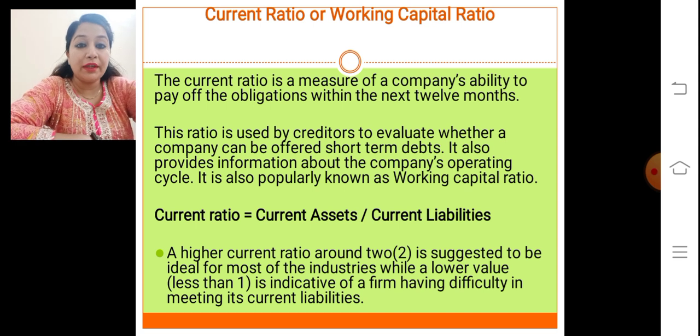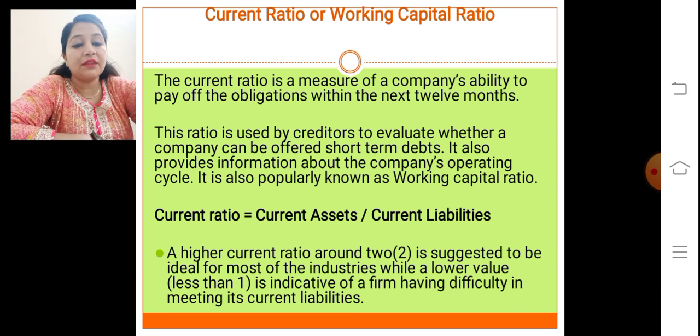This ratio is used by creditors to evaluate whether the company can be offered short-term debt or not. It also provides information about the company's operating cycle. It is also known as working capital ratio. And the formula to calculate current ratio is current assets upon current liabilities.